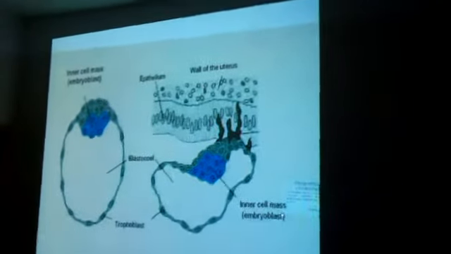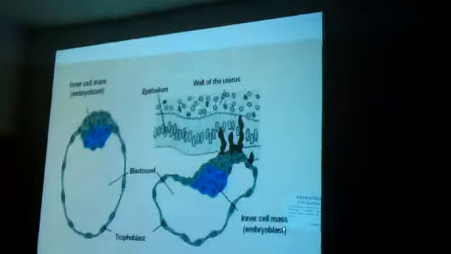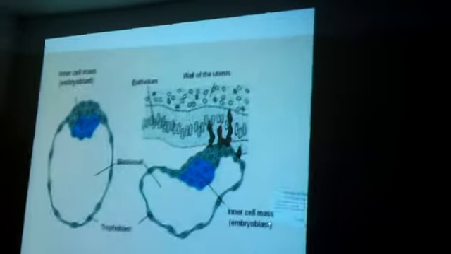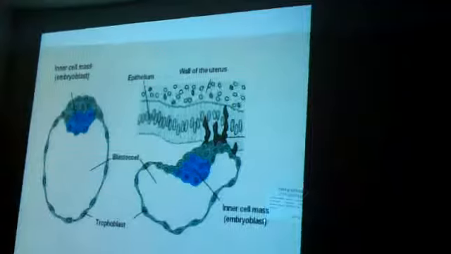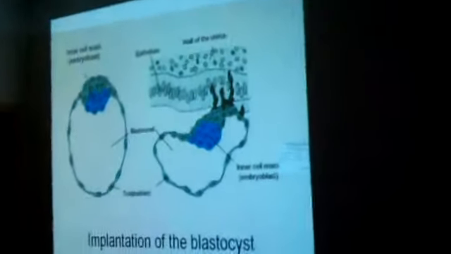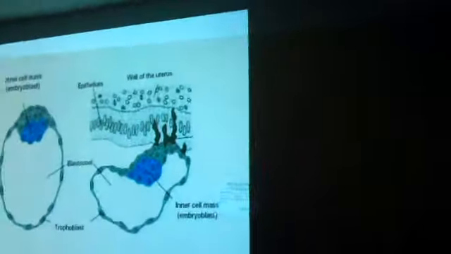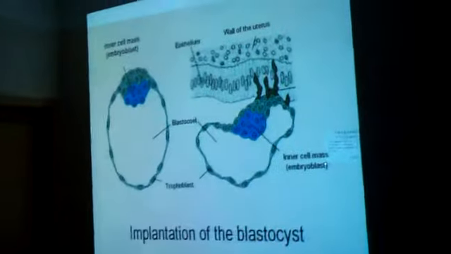After that, implantation of the embryo happens. So this is the blastocyst of human. It looks different from lancelet because we have trophoblast and embryoblast. Embryoblast, or inner cell mass, gives rise to the embryo. Trophoblast gives rise to the placenta.